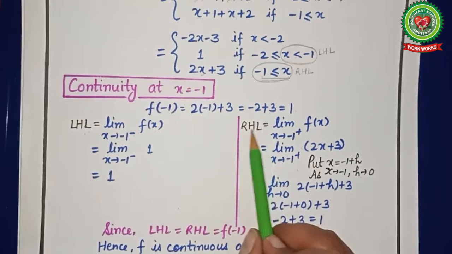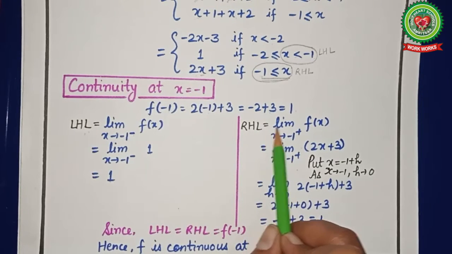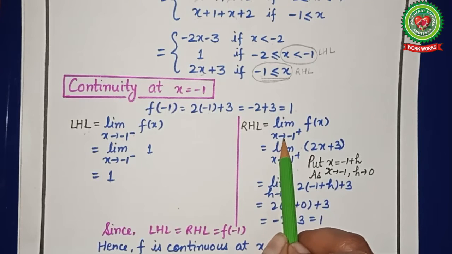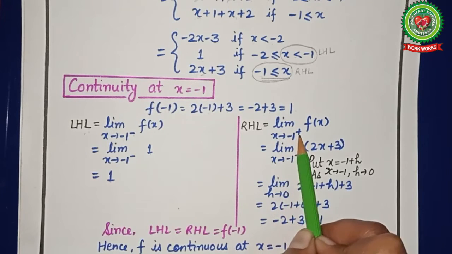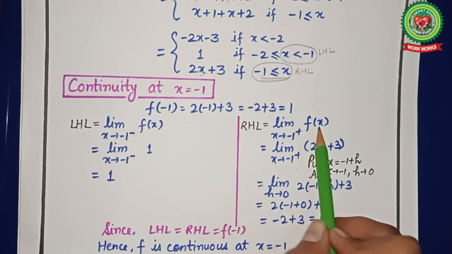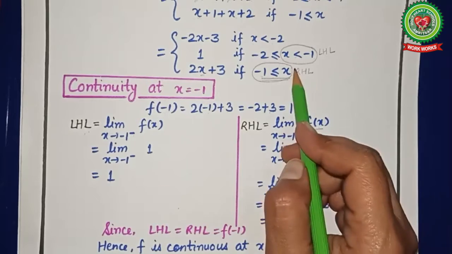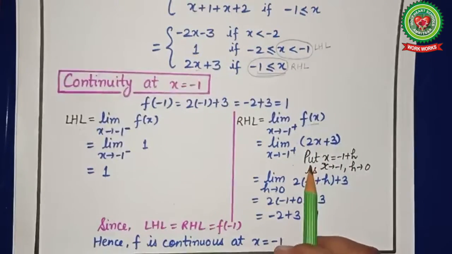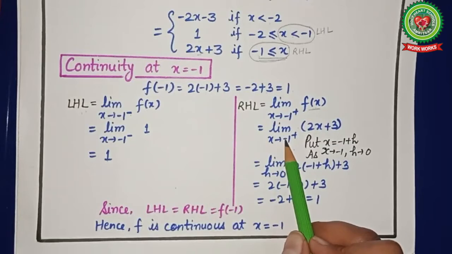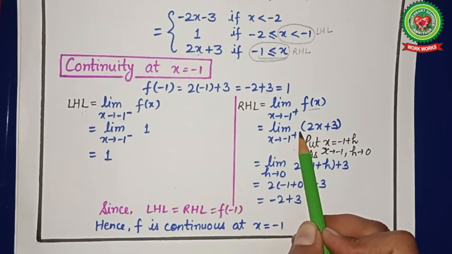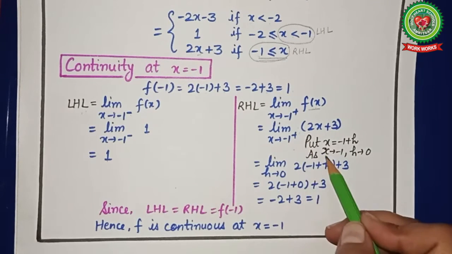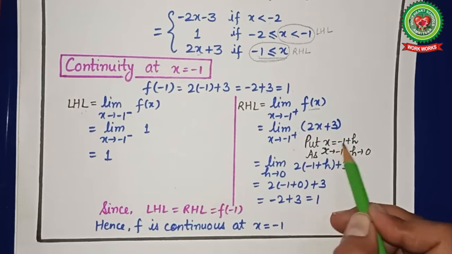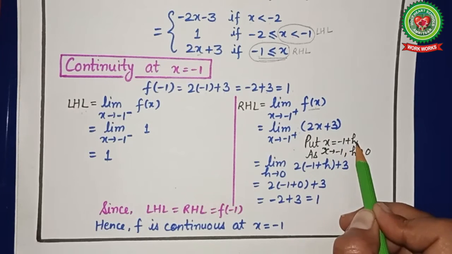Now, come to the right hand limit. Right hand limit is equal to limit x approaches minus 1 positive of f(x). Now, in place of f(x), put the value 2x plus 3. As the limit is minus 1 positive, we will apply the h method. So, put x equal to minus 1 plus h.